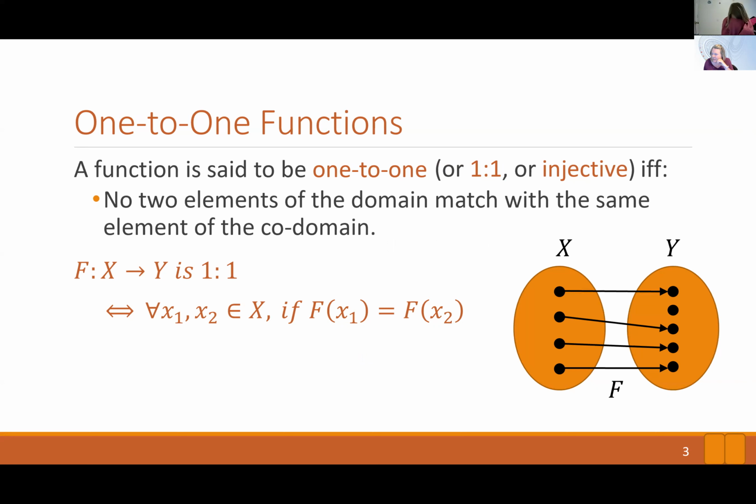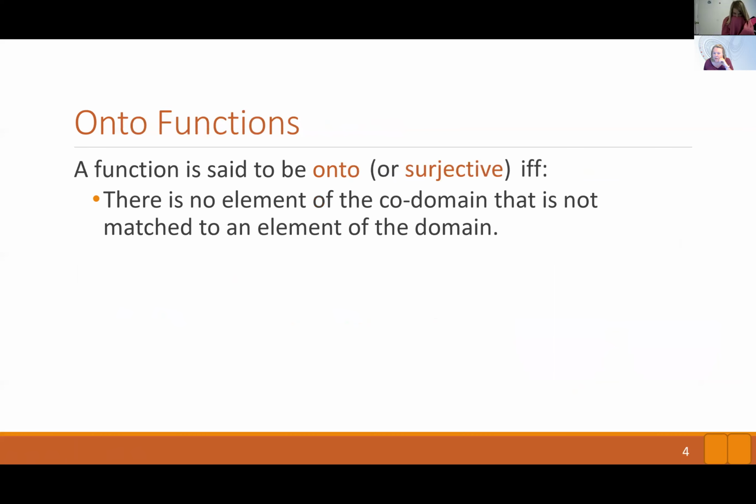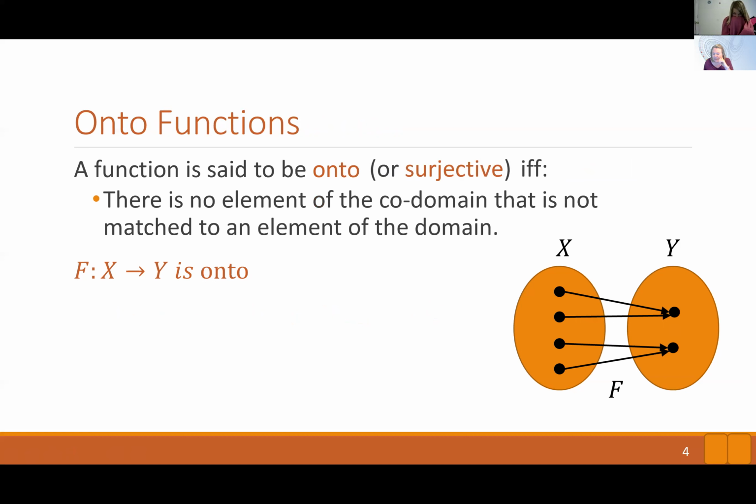There is an element in set Y that is not matched with an element in set X. So f mapping X to Y is onto if and only if for all y in my codomain Y, there exists an x in our domain such that f(x) equals y.